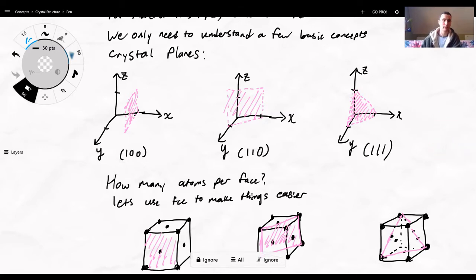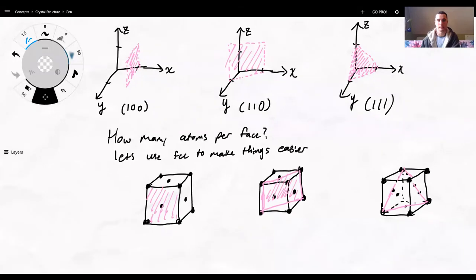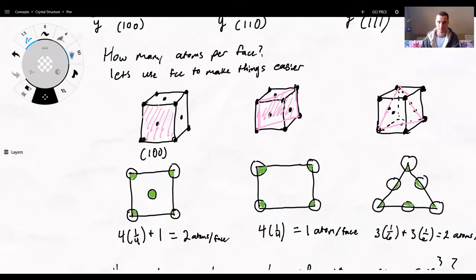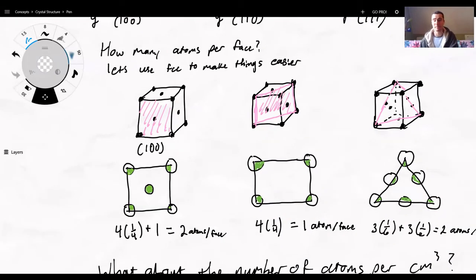Let's actually calculate how many atoms there are per face. I'm going to use FCC just because it makes my life easier, but you can do this with any crystal face, including the diamond tetrahedral. So let's look at the 1, 0, 0. In this case, it's actually a 0, 1, 0, but that's fine. So that's going to be this face of the crystal here.